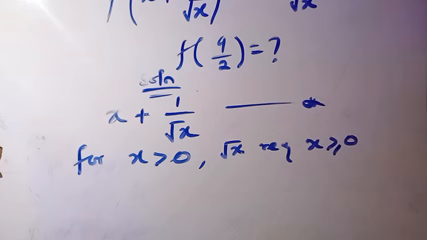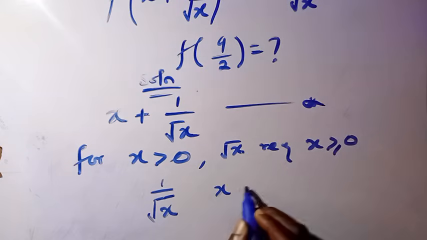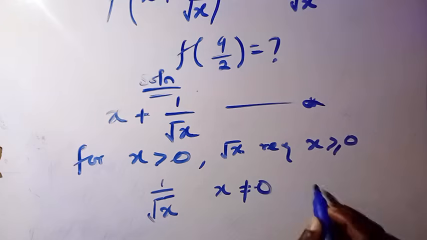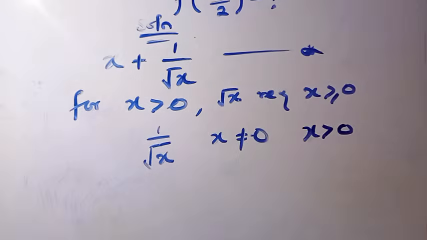But looking at the denominator, 1 divided by the square root of x, this requires x not equal to 0, because if x equals 0, we have an undefined function. So which means that x is always greater than 0.